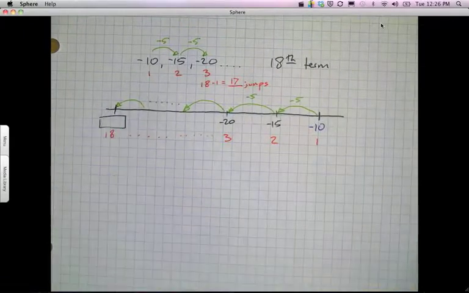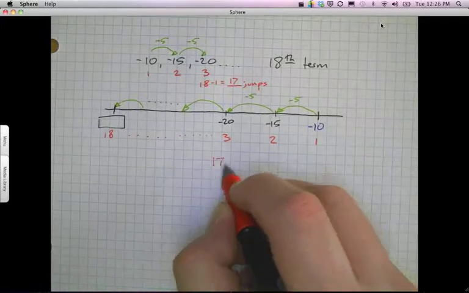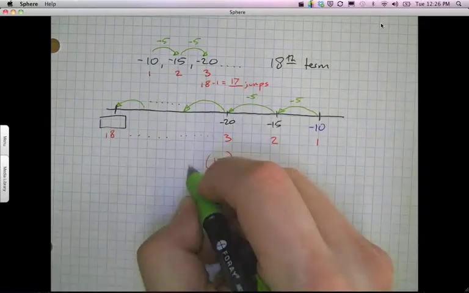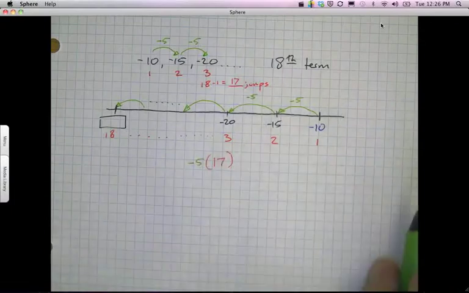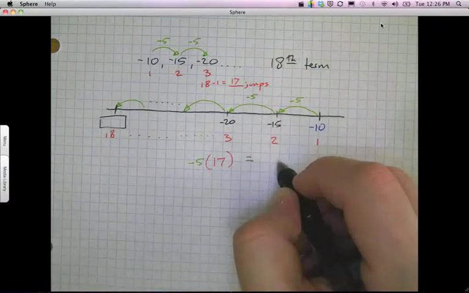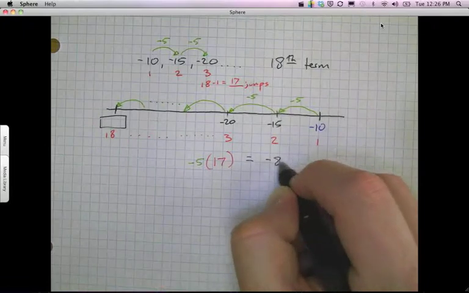Now, if you want to figure out what the distance is, it's going to take you 17 jumps times a total of -5 each time, because that's how much you're losing. And you'll end up with -85.